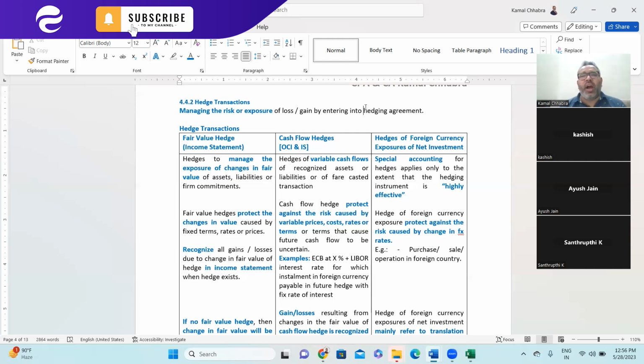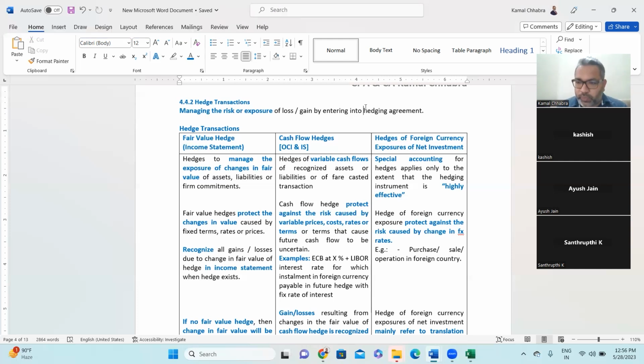At each cash outflow, there is a risk of foreign currency change, or a risk of change in interest rate, right? That may change the cash outflow. How to mitigate that risk? It's called a cash flow hedge, and how you account for the accounting impact of the same is called cash flow hedge accounting.